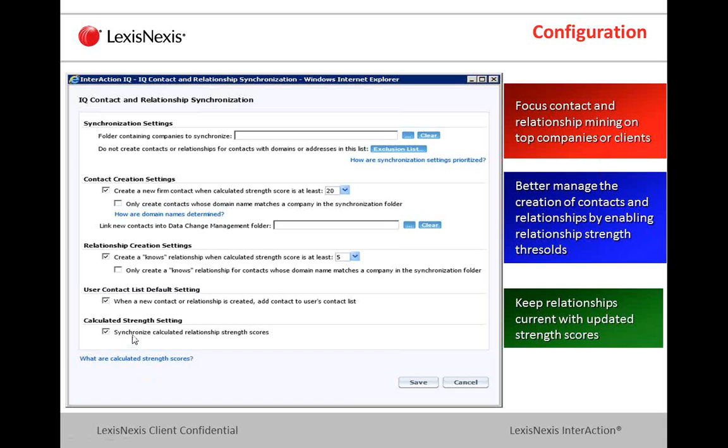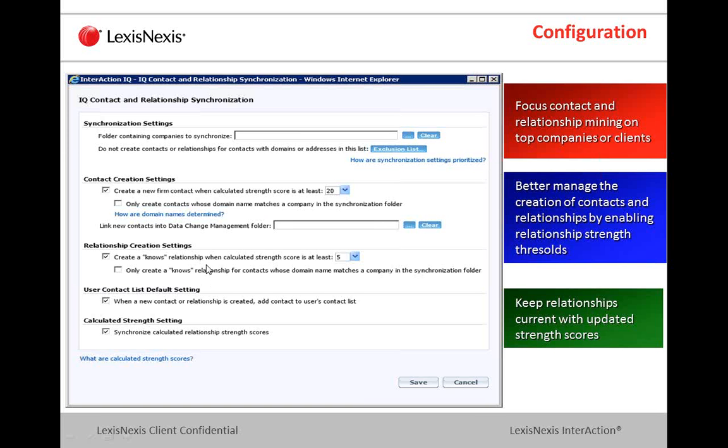Okay, the second thing it can do, or the next level, is create the new relationships and the contacts. So maybe at this point you decided, not only do we want to score the relationships, but if the contact doesn't exist in InterAction, let's go ahead and create it.